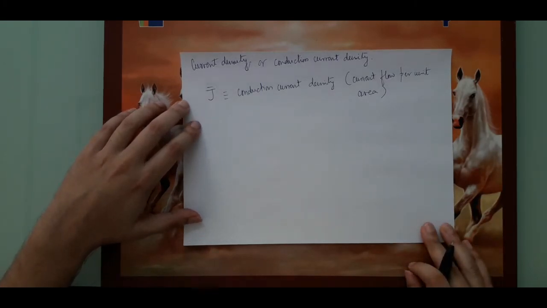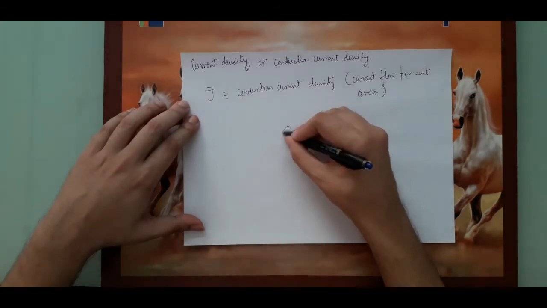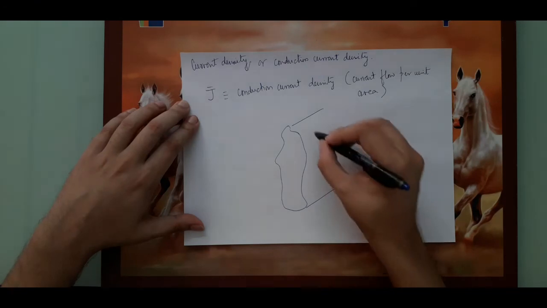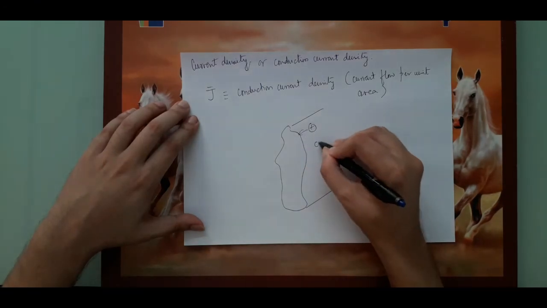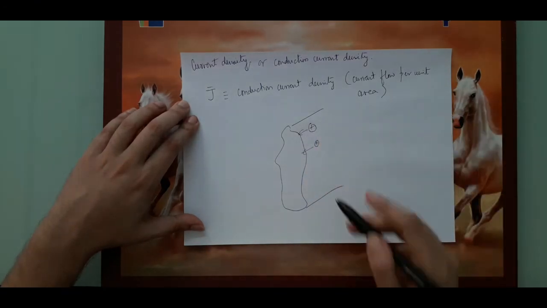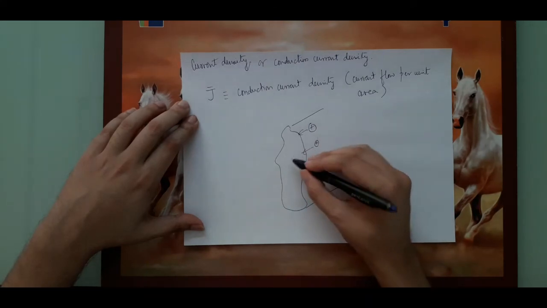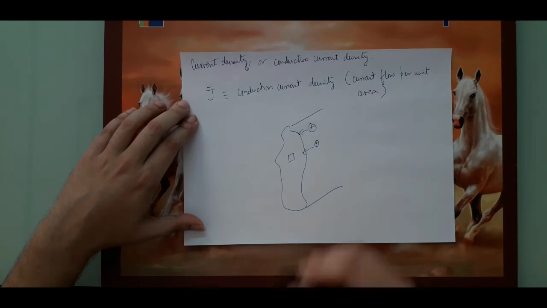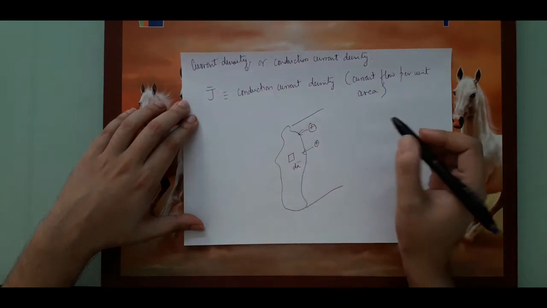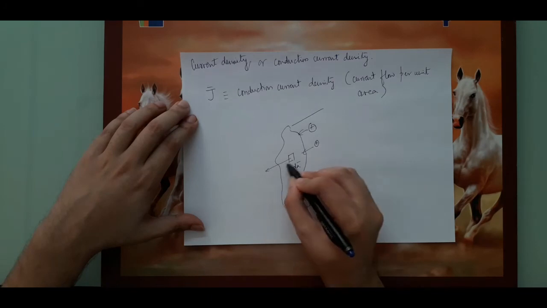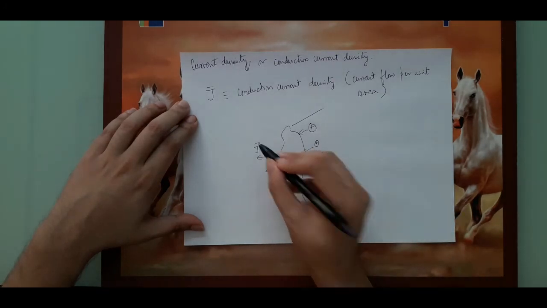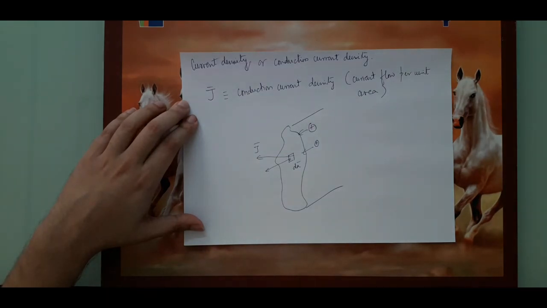So if I have some kind of a conductor this way and charges are flowing, then I can take a small area element dA bar, which is perpendicular to the surface, and whatever is the current density through this surface gives me an indication of current.